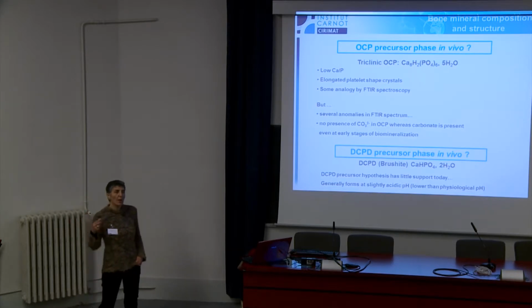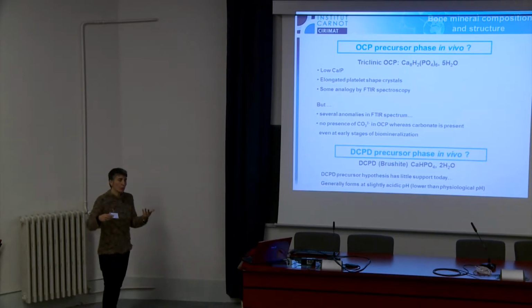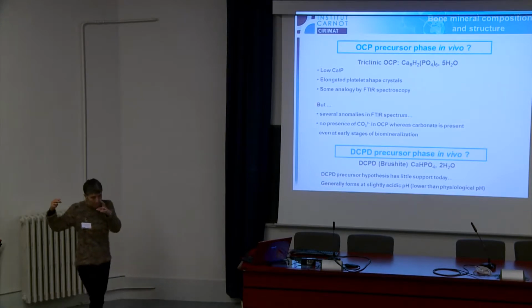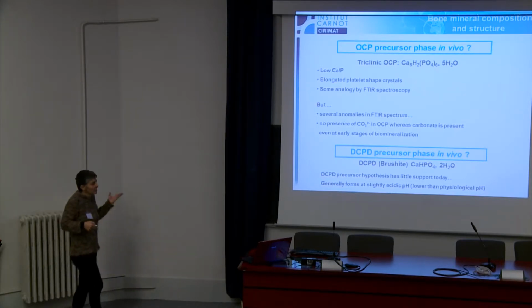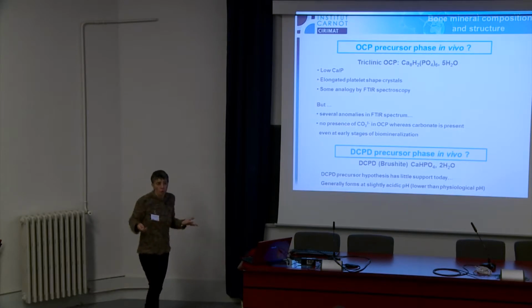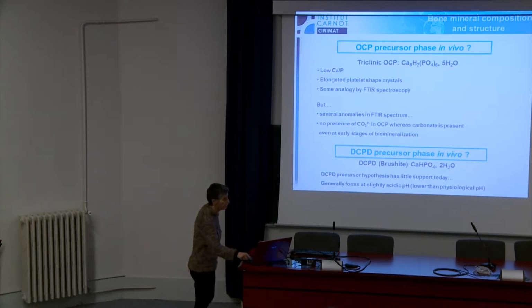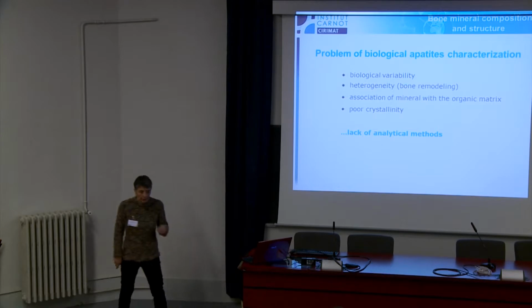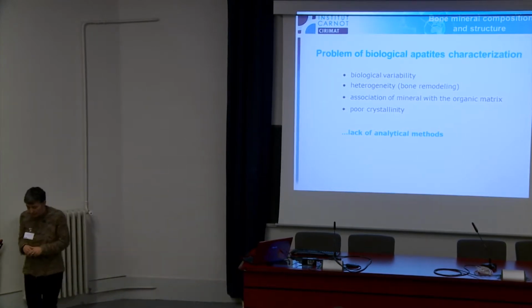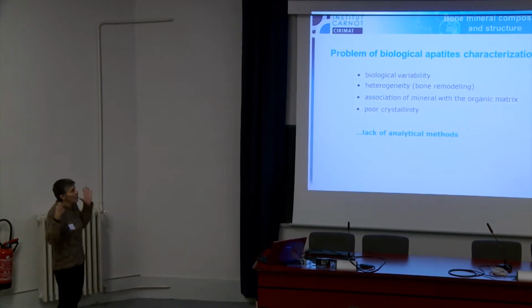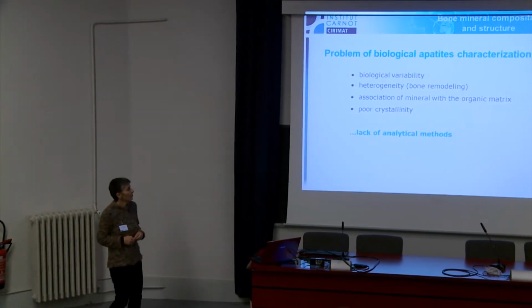However, we know that the formation of apatite induces a decrease of the pH. So why not consider that DCPD can also form during apatite formation, because with the decrease of the pH we can reach conditions that are suitable for this phase? This is my last slide on the question of the precursor phase of apatite.